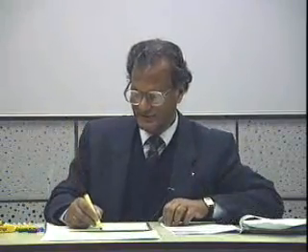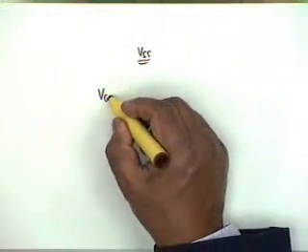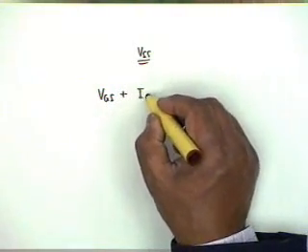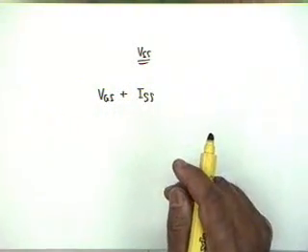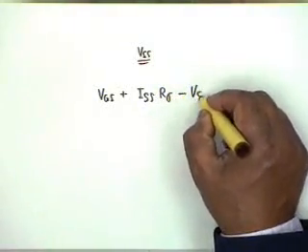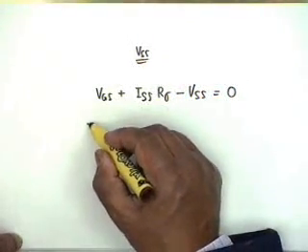Now as far as VSS is concerned, we can write the following equation, coming from the ground: VGS plus ISS multiplied by R sigma, then minus VSS equal to 0. Now we know VGS, which is minus 0.75, and we know ISS.